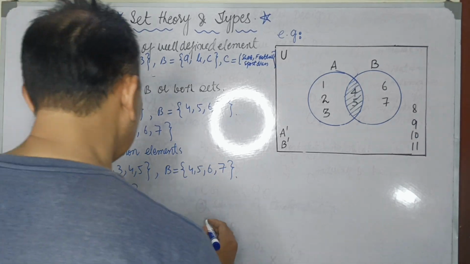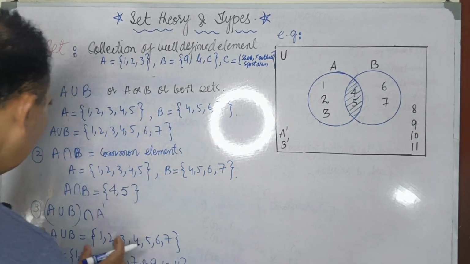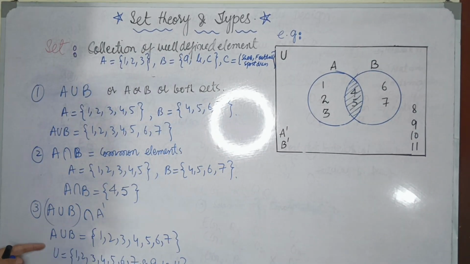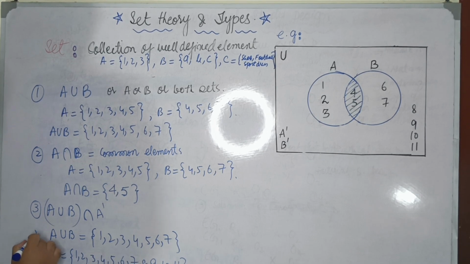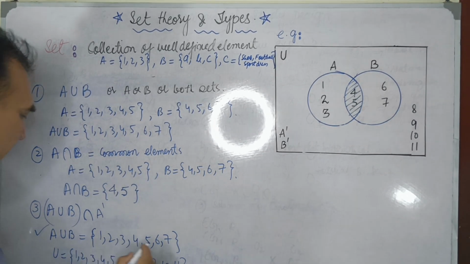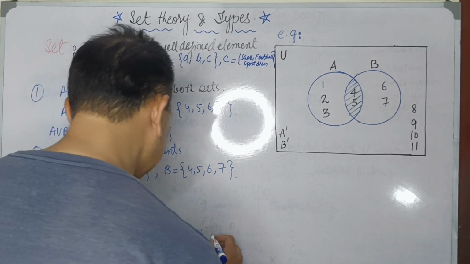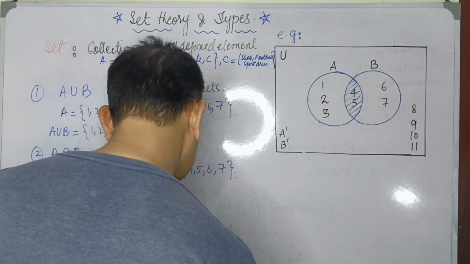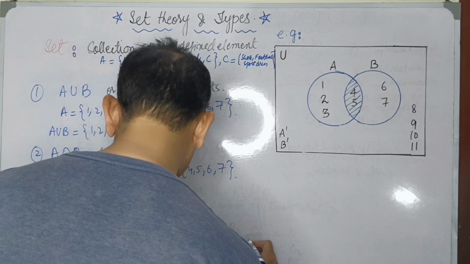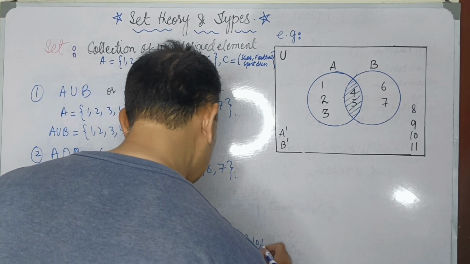Now we have to find the intersection between the A complement and the A union B set. I will write down over here the complement: 6 7 8 9 10 and 11.